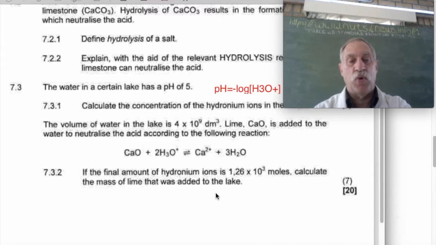So we know that we've started with a certain concentration, and we've worked that out in question 7.3.1. We could convert that now to the number of moles. If we've got a concentration and we've got a volume, we can have a formula where we can work out the number of moles that we start with.